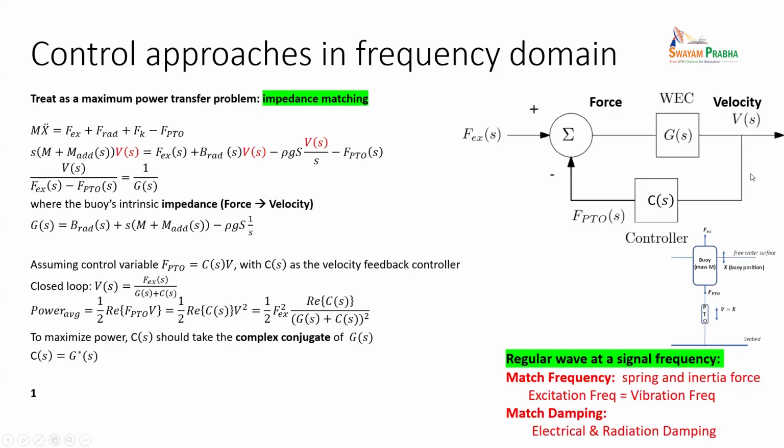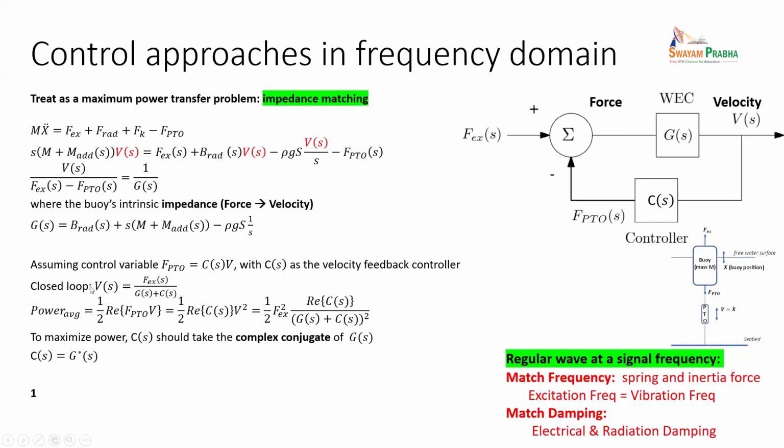Laplace transform you learned, right? So that is the open loop G(s), force times velocity. You measure the velocity, you generate force, and this force minus the excitation force creates the closed loop. After you close the loop, the output and excitation force relation is G(s) plus C(s).